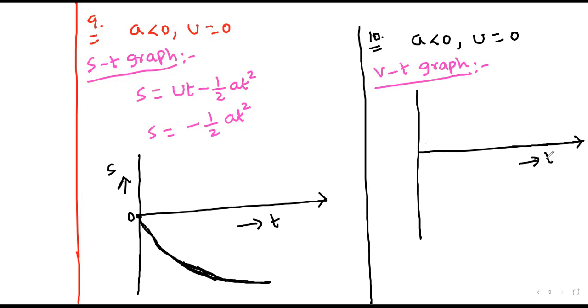This is the time and here it is velocity. We are having the equation v equal to u minus at. Since u equal to 0, v equal to minus at.